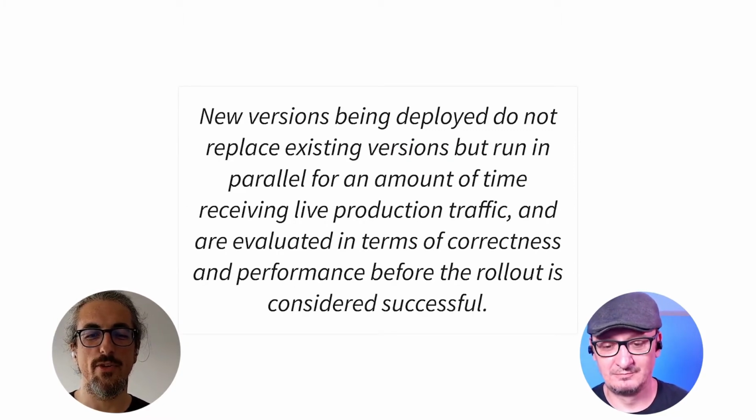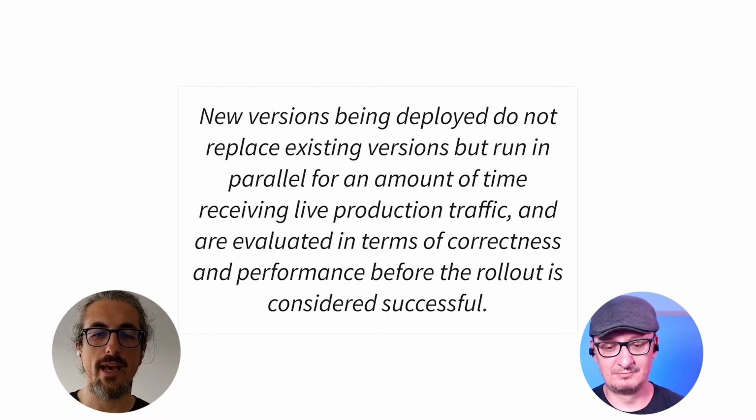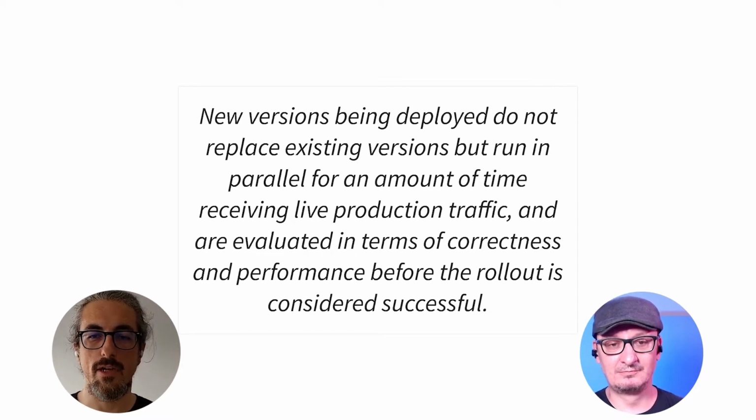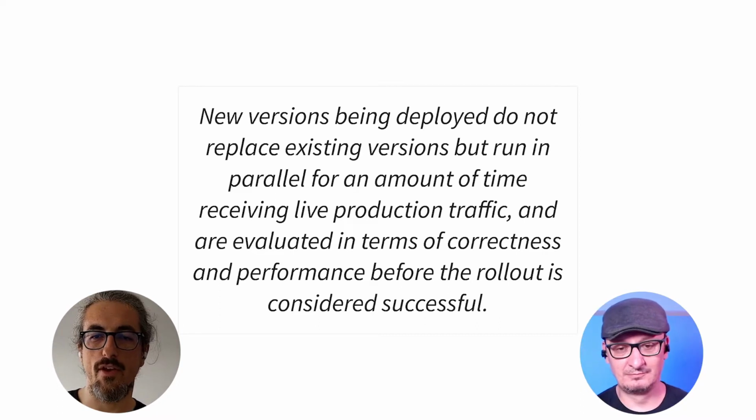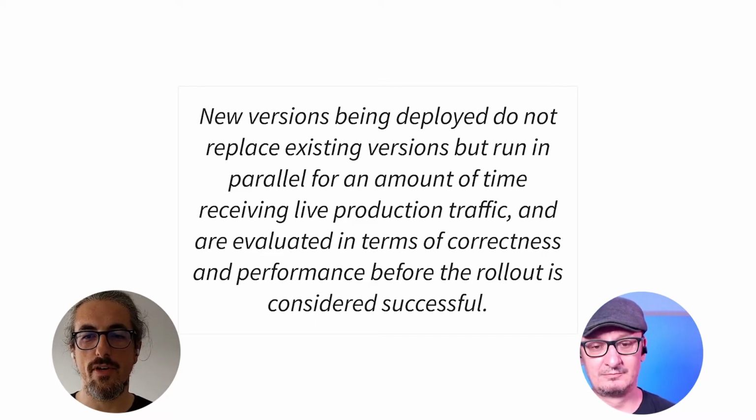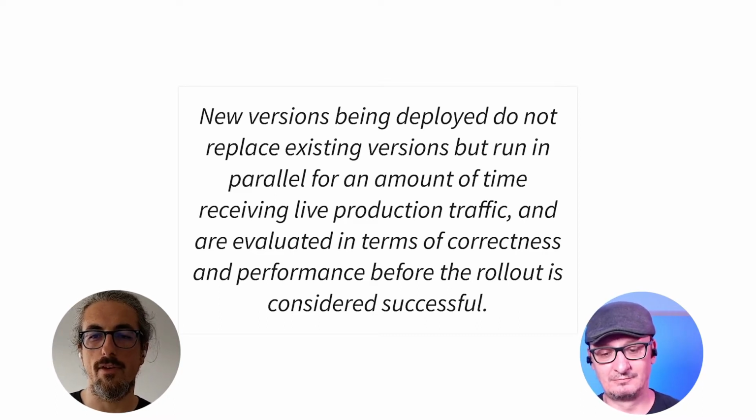So when you deploy a new version, you are not replacing existing versions, but you just deploy things that are running in parallel with the previous versions that you have deployed. And then you can decide whether you want to send live traffic. This is important. This is all happening in production. So you can send live traffic to the old version or to the new version based on whatever parameters you decide.